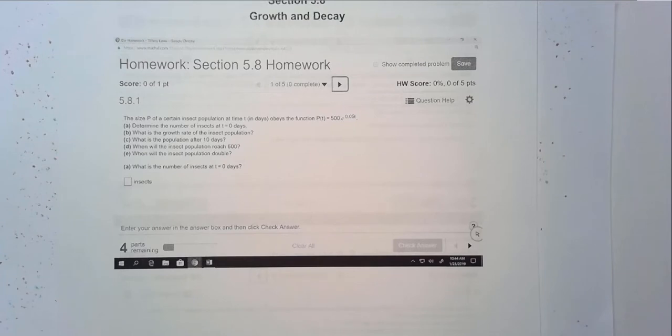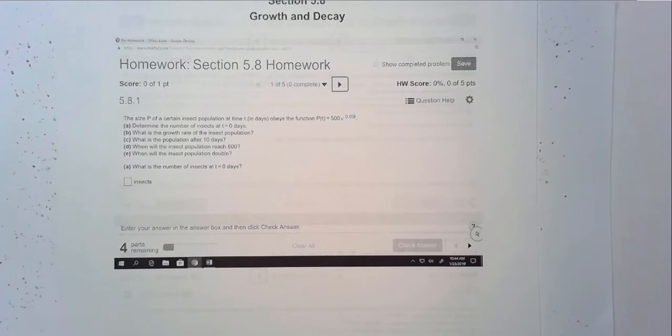where it says the size p of a certain insect population at time t in days obeys the function. We have p of t is equal to 500 times e to the 0.05 t.